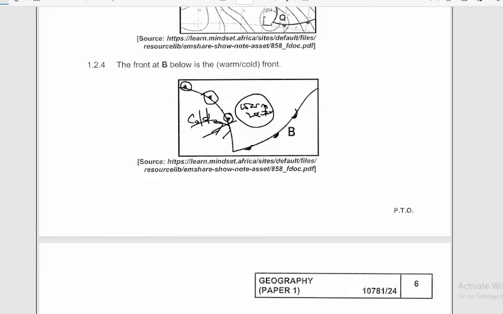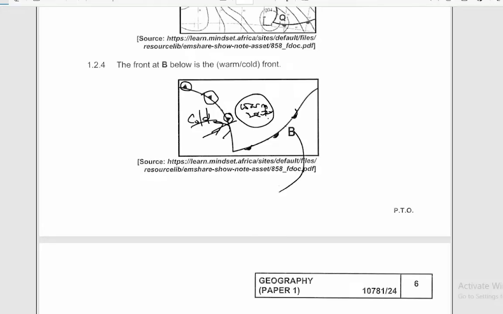Cold air is denser and can effectively push towards warm air, and it will vertically displace it. So that is why the cold front moves faster, because cold air is denser compared to warm air, and the front moves faster, advancing towards a zone occupied by warm air. But the warm front moves slower because warm air cannot effectively push towards a zone of cold air because it's less dense compared to the cold air.